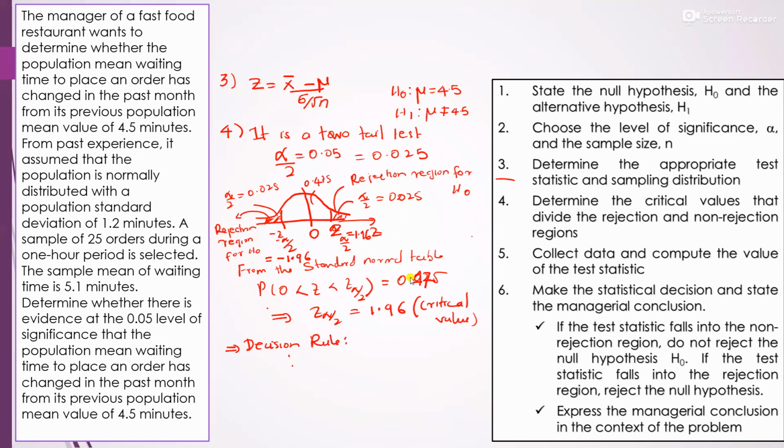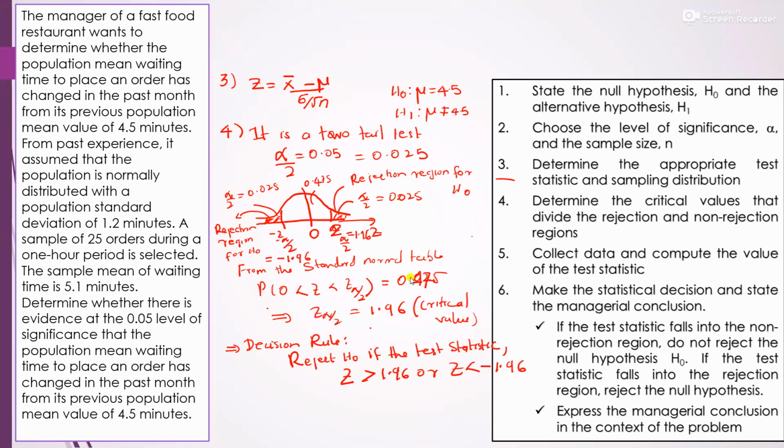Reject H naught if your Z, meaning your test statistic, is greater than 1.96, that is, if the test statistic denoted by Z is greater than 1.96 or Z is less than minus 1.96.